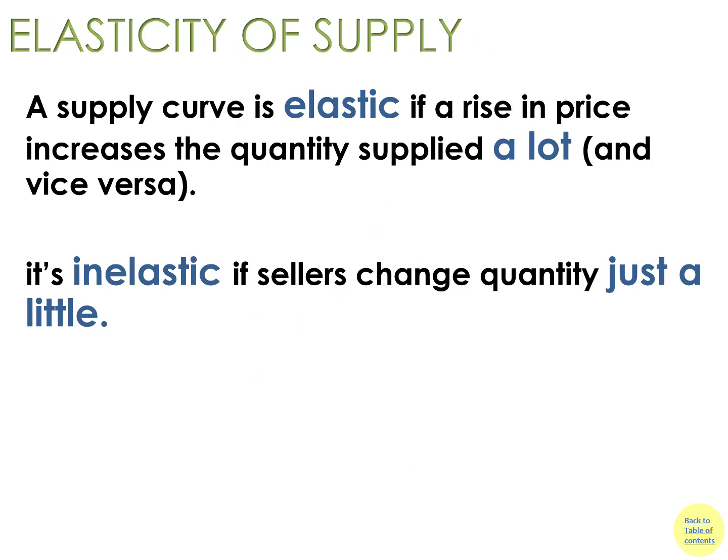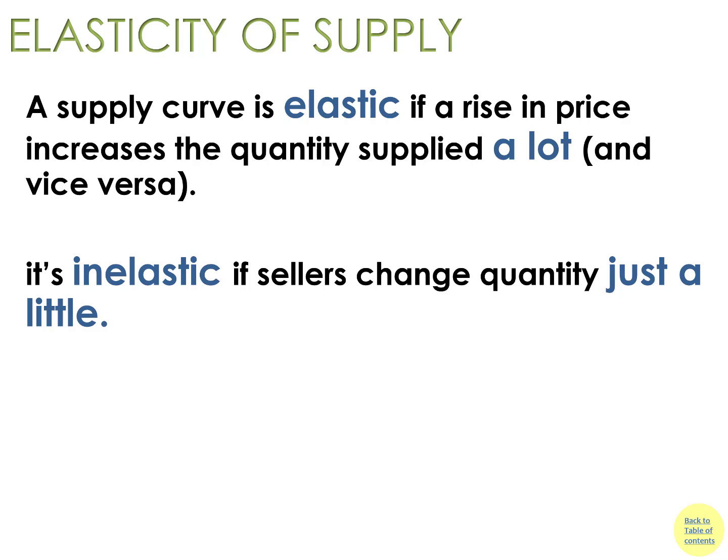How do we characterize supply curves? We call a supply curve relatively elastic if the numerator is above the denominator, basically if it's above 1. So if the price rises a little bit and the percent change in quantity supplied on top changes a lot, we would call that elastic.